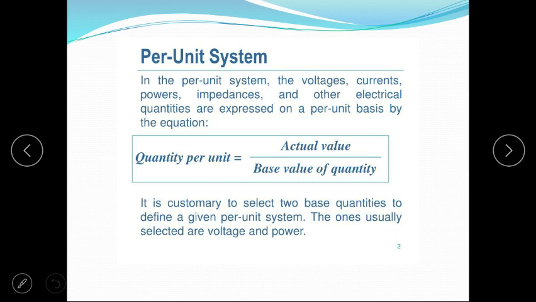It means to find the per unit value of any quantity, first of all we have to select base quantities. Two base quantities selected in power system are V base and S base, and other base values are calculated on the basis of these base values.